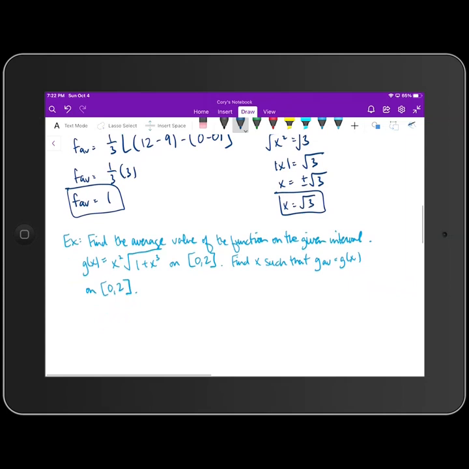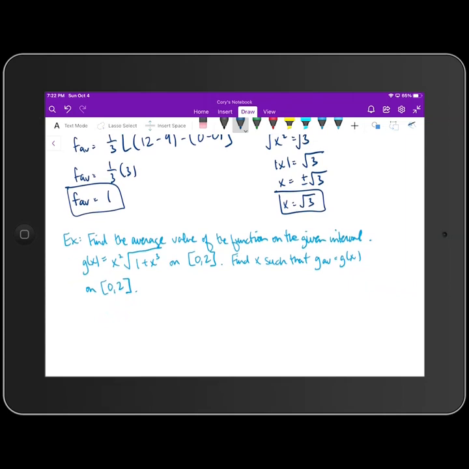Okay, let's move on to the next one. So the directions here say to find the average value of the function on the given interval. Okay, so we're given the function g of x equal to x squared times the square root of 1 plus x cubed, and we're looking at that on the closed interval from 0 to 2.